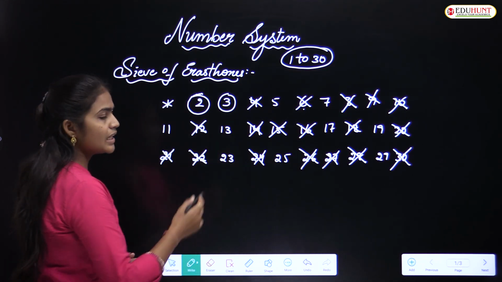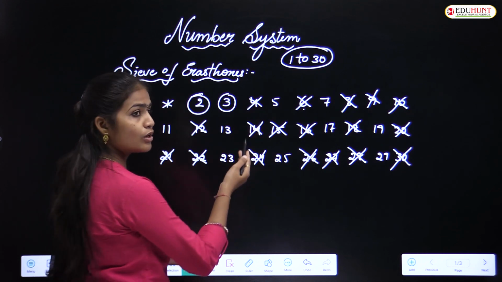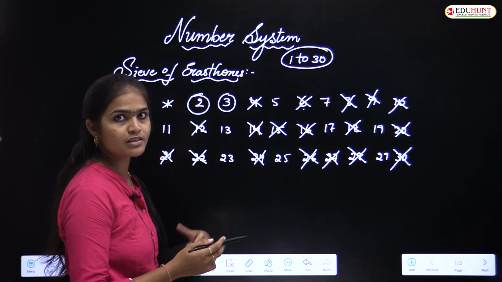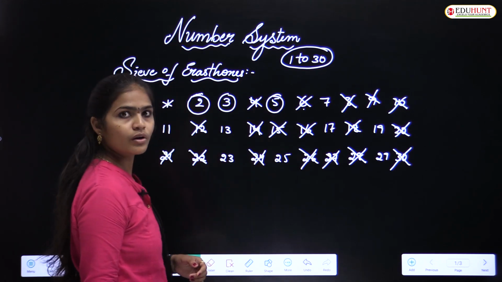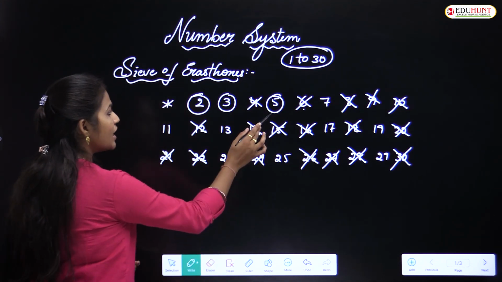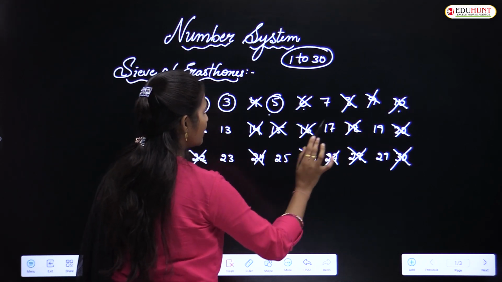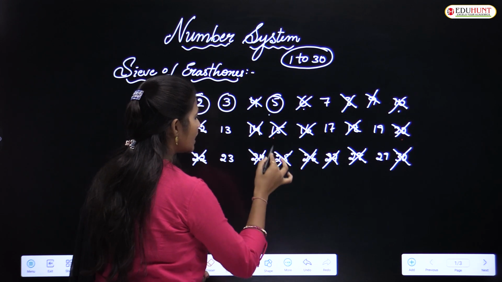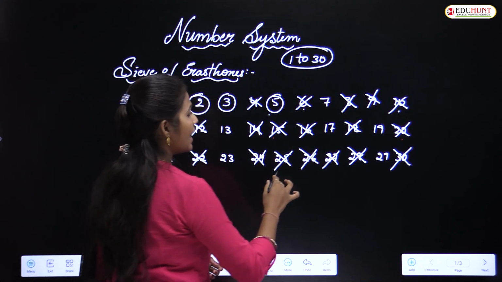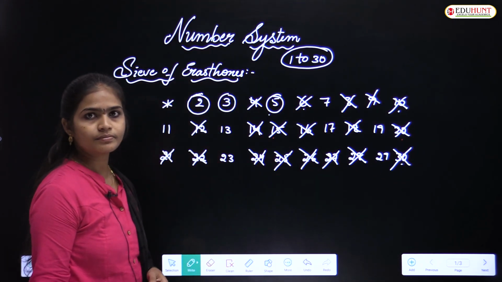Next the 4 table. Here 4 is already crossed, already completed, so no need to consider. Next, 5 is there. Now take the 5 table. 5 ones 5, 5 2s 10 completed, 5 3s 15, 5 4s 20, 5 5s 25, and 5 6s 30 completed.